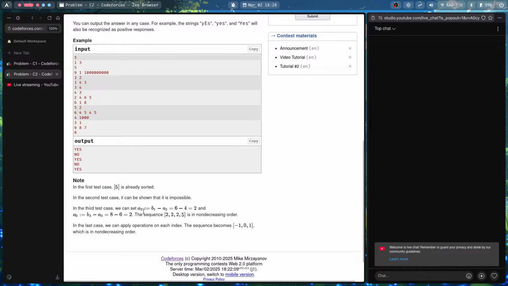We choose b1 and b1 will convert to 4, right? b1 minus a_i.